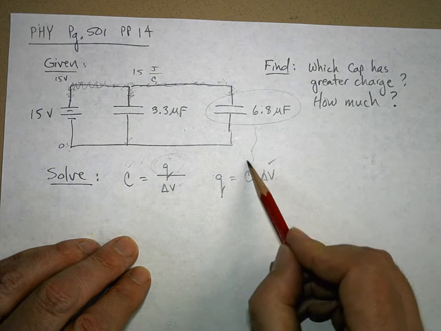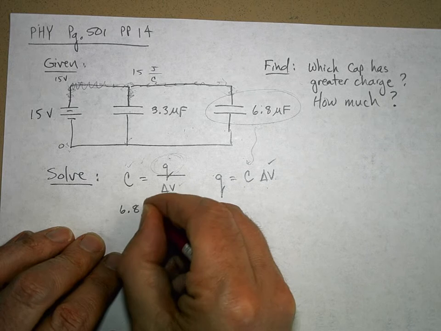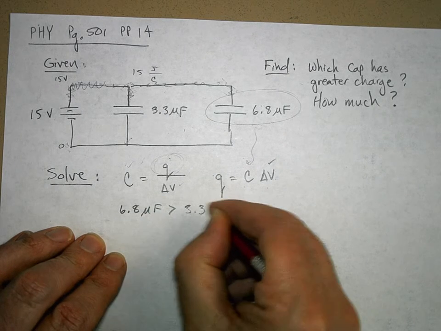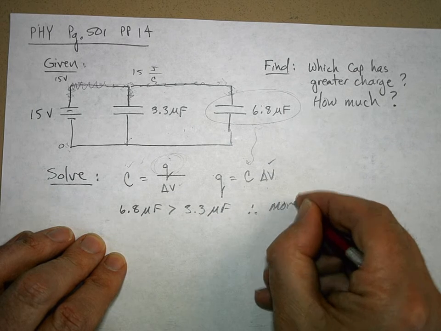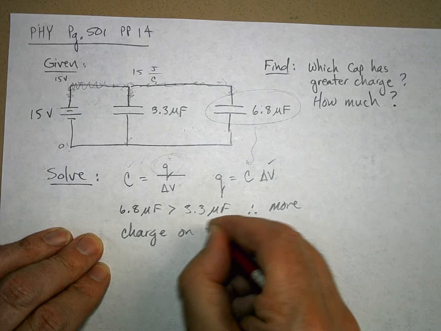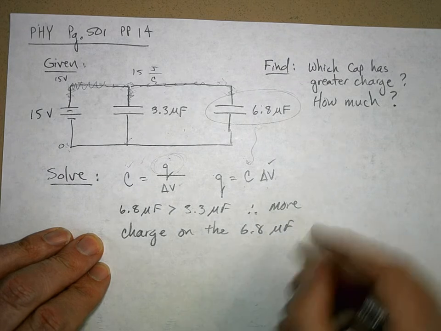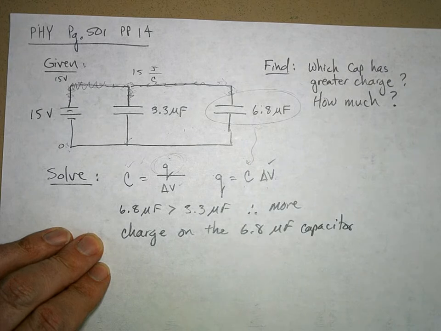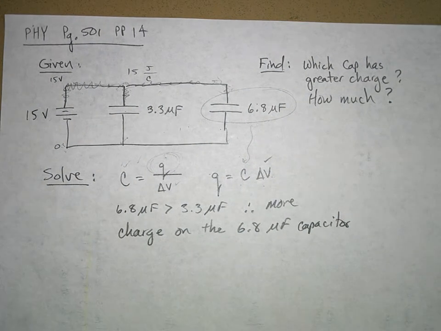So you can just say, because 6.8 microfarads is greater than 3.3 microfarads, therefore more charge on the 6.8 microfarad capacitor. And we've just answered the question. Which capacitor has the greater charge? The one with the greater capacitance if you've got the same voltage.